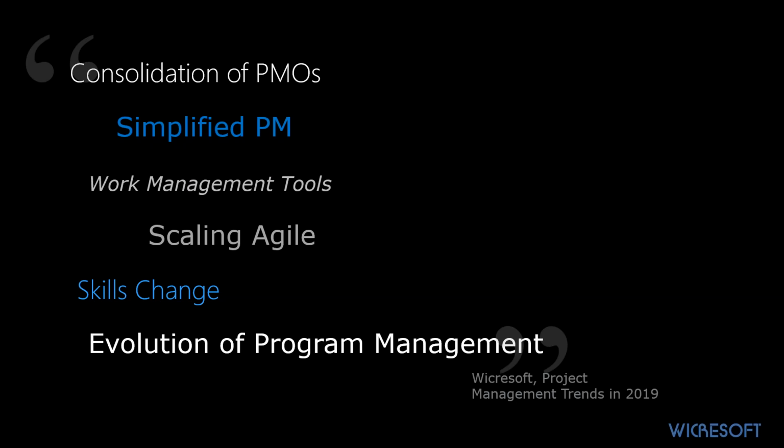Second thing is the simplification of project management. So think about Agile, the move away from very rigorous, detailed methodologies, more to velocity of project management. Thirdly, in the technology space, the growth of work management tools. Fourth, scaling Agile. So I mentioned Agile before.